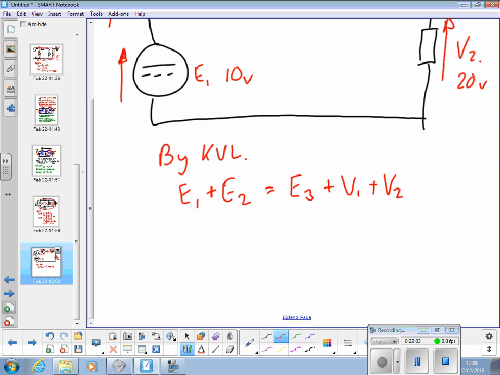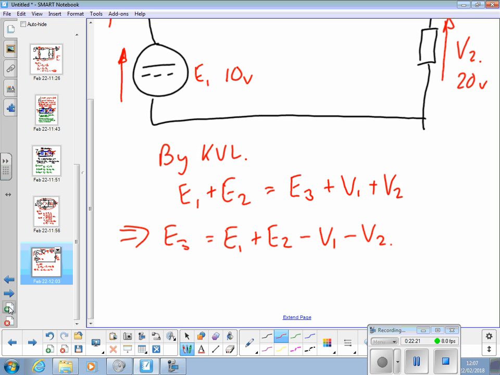And then that's E3 we want to find. So that rearranges to E3 is equal to E1 plus E2 minus V1 minus V2.